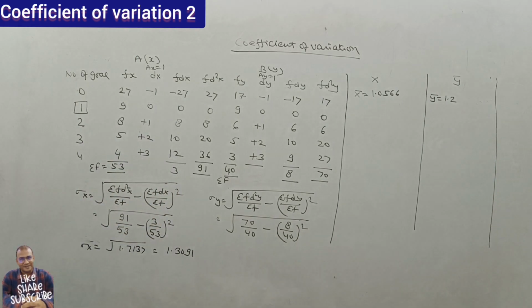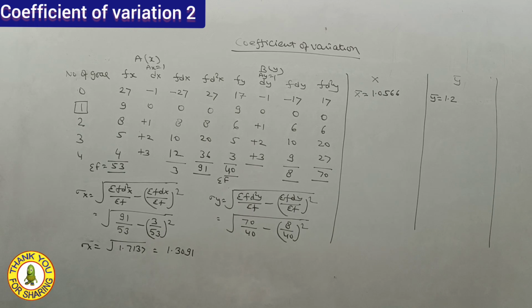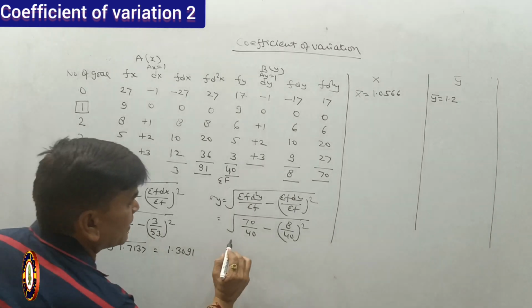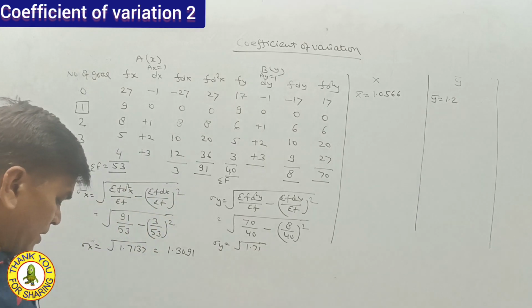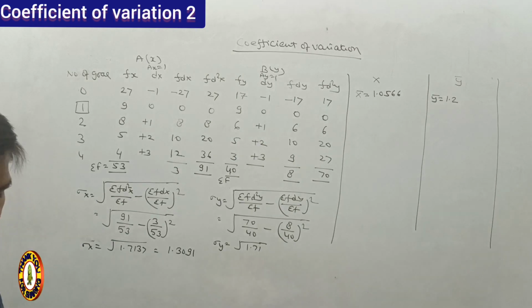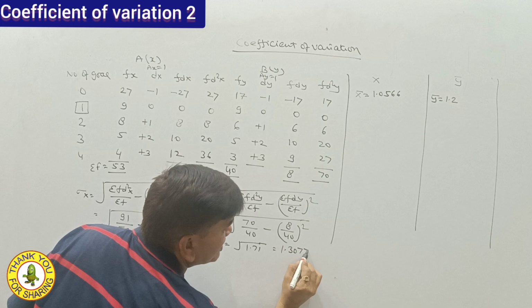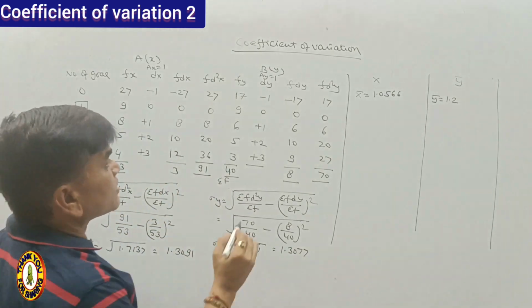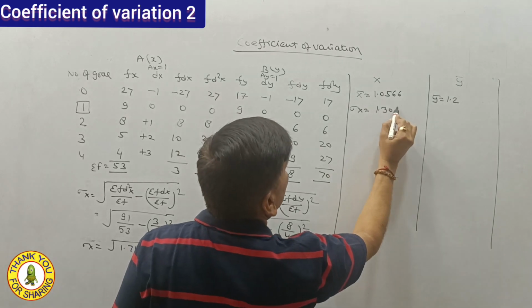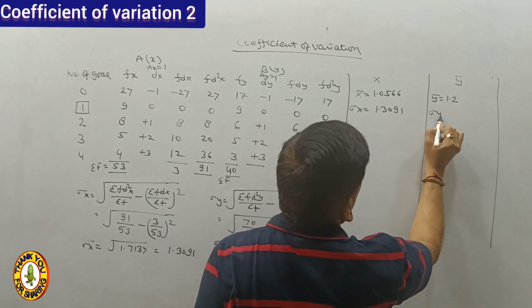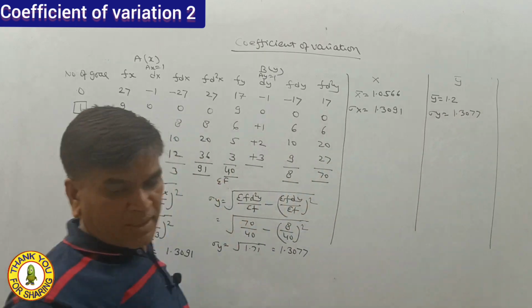Getting this, the standard deviation of y is 1.3077. So the standard deviation of x is 1.3091 and the standard deviation of y is 1.3077.